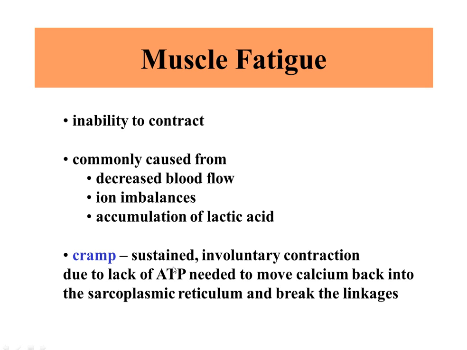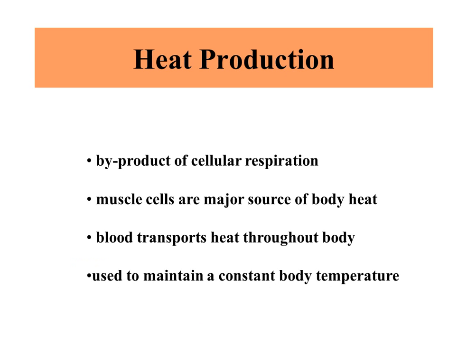Well, this is a cramp. It's also called a tetanic contraction. Sustained involuntary contraction due to the lack of ATP needed to move the calcium back into the sarcoplasmic reticulum and break the linkage. It can also be caused by too much acetylcholine, the acetylcholine not being broken down.